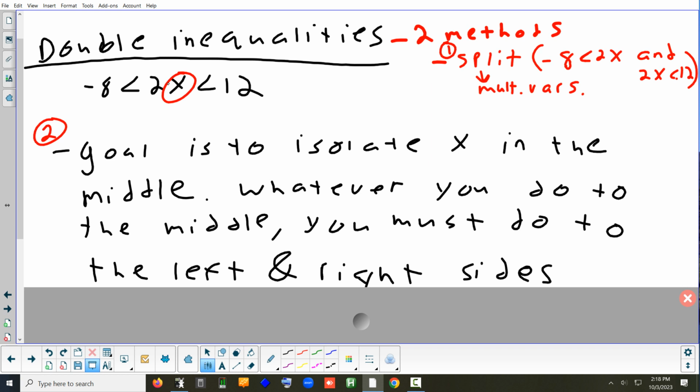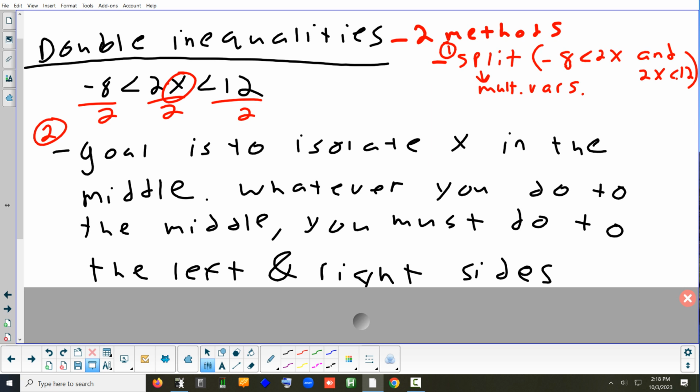And if you do it in the middle, then you have to do it on the left and on the right. So in this case, you divide everything by 2, and then you get -4 is less than x, which is less than 6. It's exactly the same thing you get if you do the split method, but it's easier to isolate the x in the middle doing it this way.